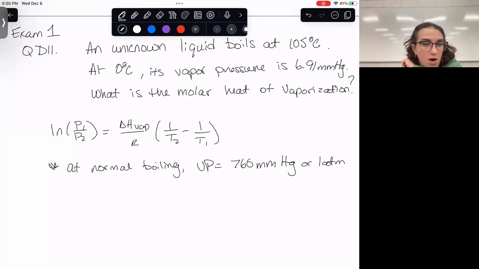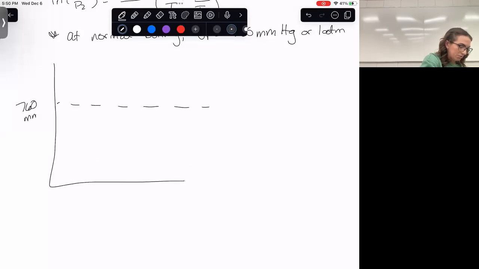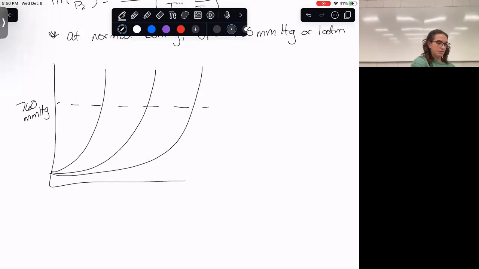That piece of information is not given at the top, but there's one chart that looks like this kind of graph here, and they say this is 760 millimeters of mercury, and this is temperature.